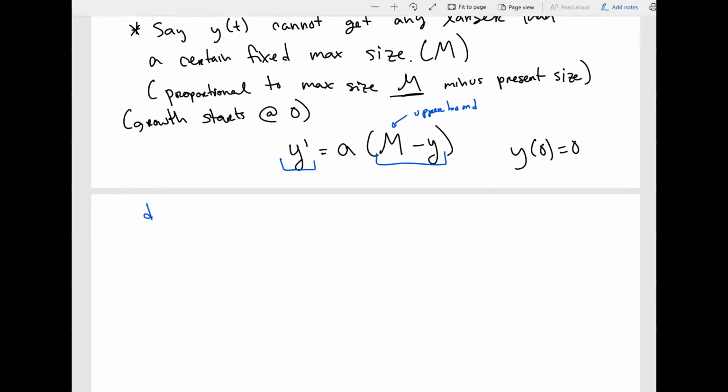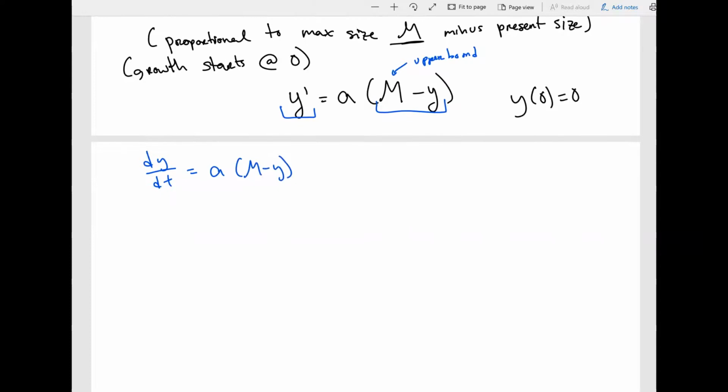So we're going to write dy over dt is equal to a times m minus y. I'm going to move the dt over, so I have dy is equal to a times m minus y dt. And let me move the m minus y over, so I have 1 over m minus y dy equals a dt.